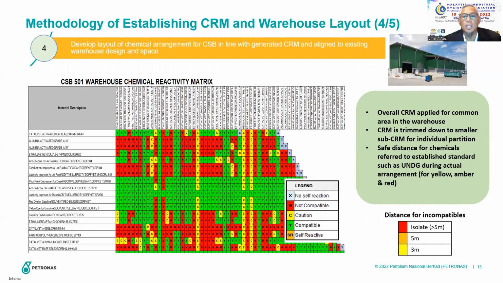For example, we have decided to isolate the items in red which are incompatible with each other by separation of at least 5 meters or more. For chemicals in the yellow category, we separate them by 5 meters, whereby the chemicals which are self-reactive, if stored together, we separate them by 5 meters.